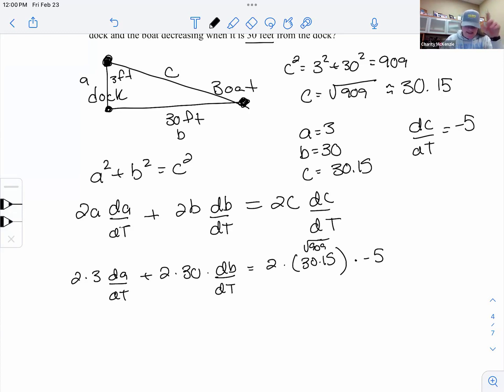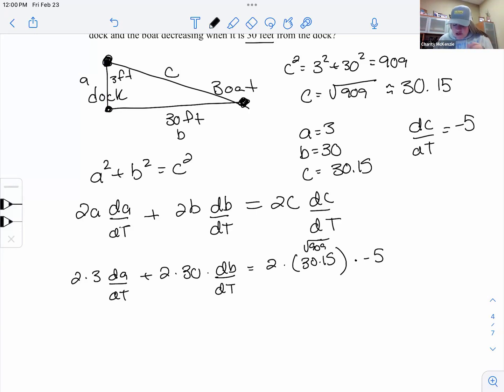Oh, we can think of one other thing. dA/dt, one other part that we can think of. So this is the rate here. Am I moving from my dock? Is my dock's rate changing? No, I'm standing there with my rope. So the boat is changing because it's moving in as you pull the rope, which is changing.